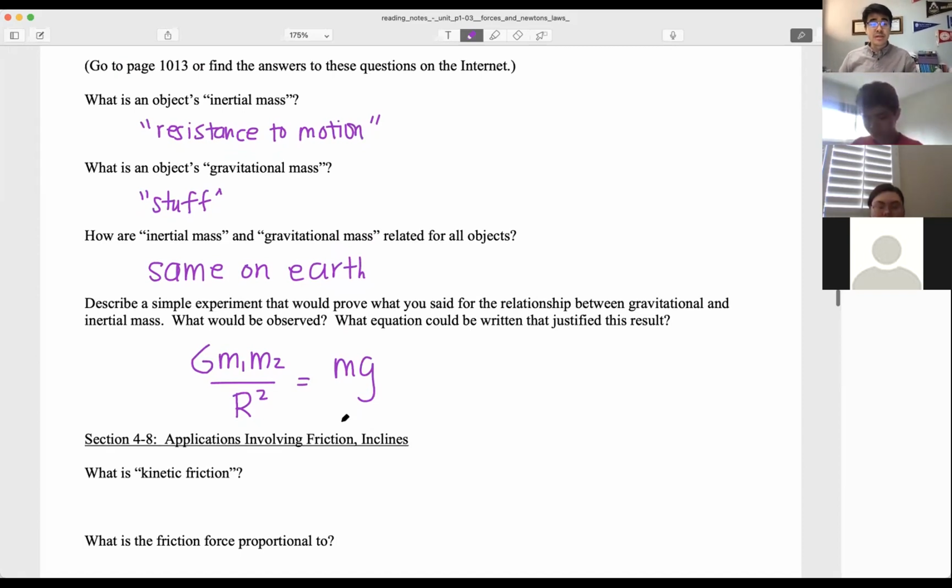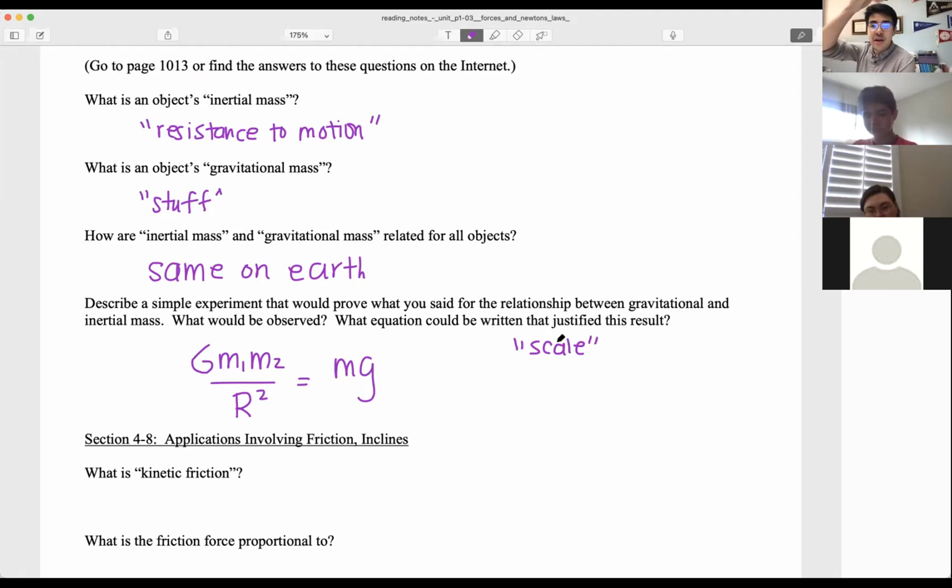If we wanted to do a simple experiment, what do we need? Well, we need something to measure the gravitational mass, right? So that'd be any kind of scale, something to weigh something. What else could we use, right?